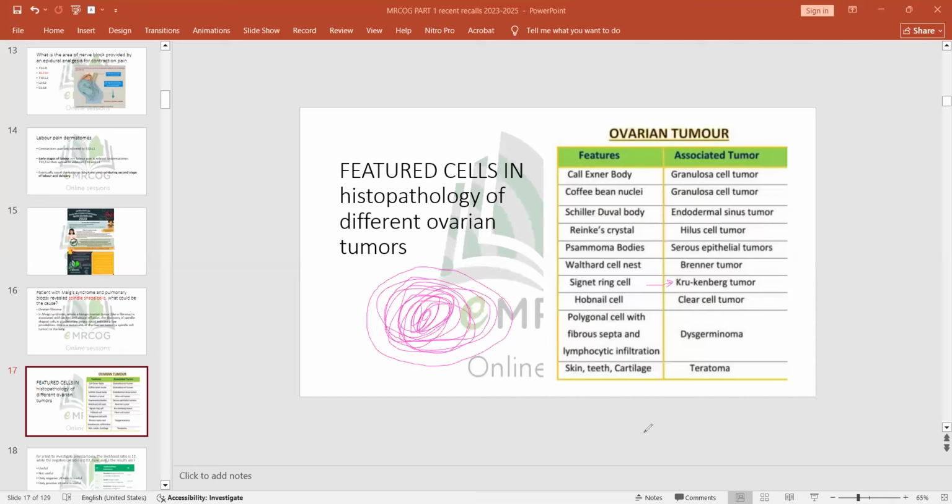So yeah, they are old questions, but why not, they can appear again. Why not? A teratoma. If they told you that during the ultrasound we have found cartilage, teeth, skin, okay, or the pathology revealed this is a teratoma. I think you got what I mean.